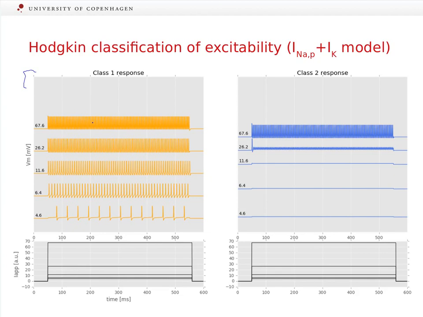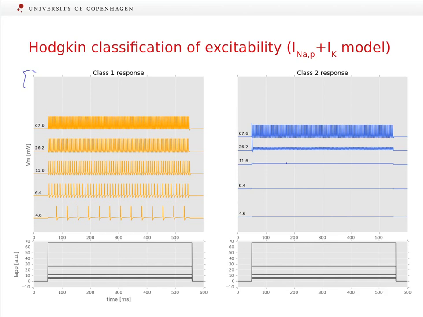Well, all three other bifurcations, namely saddle node off invariant circle and the two Andronov-Hopf bifurcations, lead to class 2 excitability, exemplified here by a supercritical Andronov-Hopf bifurcation of the spiking state. A sudden jump in the frequency at large applied currents is quite obvious.